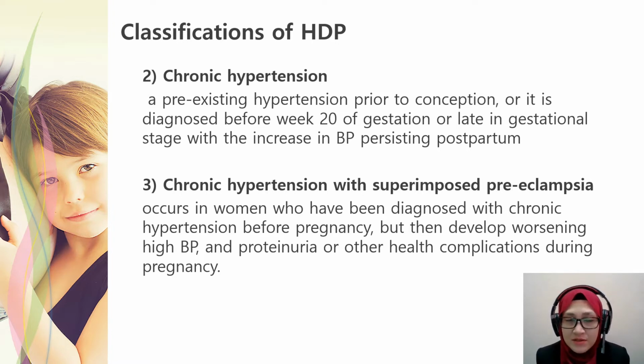So it is called chronic hypertension. And the third one is chronic hypertension with superimposed preeclampsia, in which the woman already has hypertension before pregnancy or before the 20th week of pregnancy, and it continues after the 20th week with a worsening of high BP, and proteinuria or other health complications.